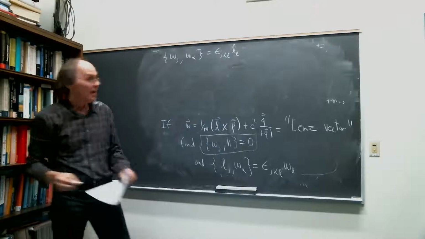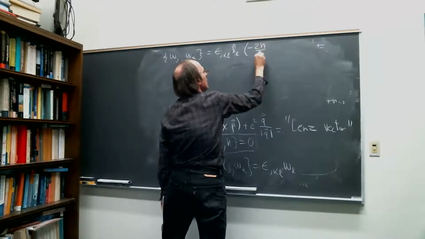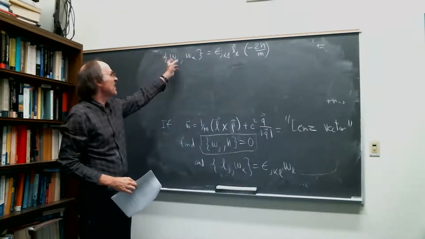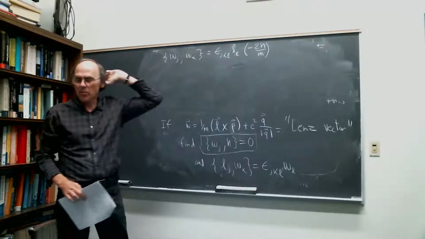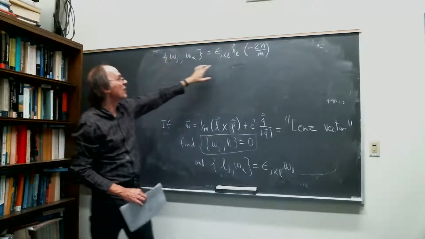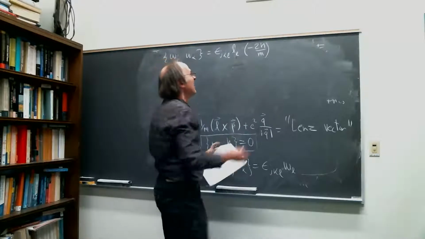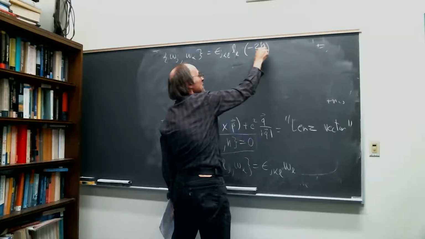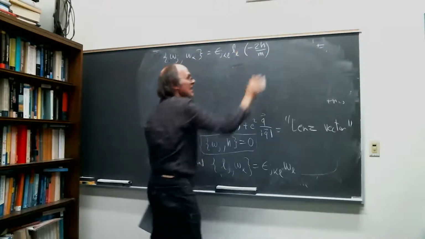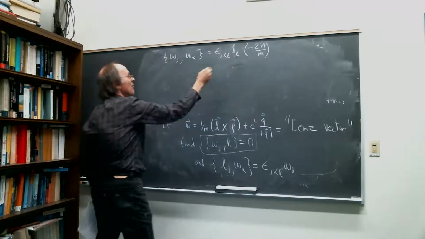Sorry about that. And then you've got minus 2H over m. In general this is a really complicated mess. It's saying that if we take the Poisson bracket of these, we get some of the angular momentum stuff, but then we also get minus 2 over m times this complicated function here. So this Poisson bracket is a mess, but what we can do is fix.